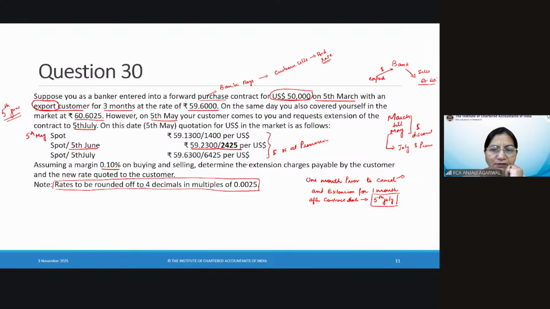Next, second part. Determine the extension charges payable by the customer, which we have done, and the new rate quoted to the customer. So new rate has to be quoted to the customer. So on 5th July, he will sell his $50,000. Bid rate would be applicable. This is the rate.